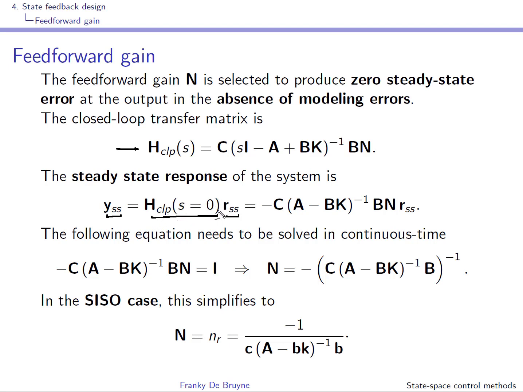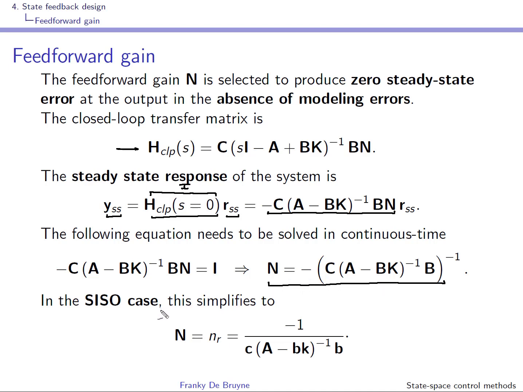So here we have the static gain matrix, right? And since we want the output to follow the reference, this one should be the identity matrix, right? So what we can now do is compute this by simply replacing s by 0, and this is here the static gain matrix. And if we equate this one to an identity matrix, this is the relation that you obtain, and N can be computed as follows.